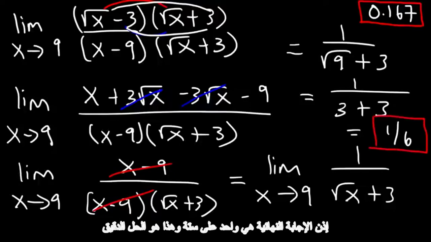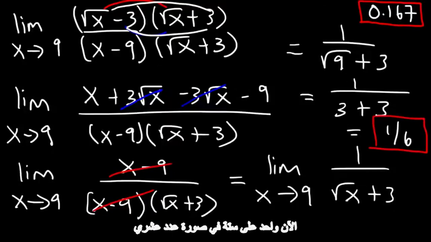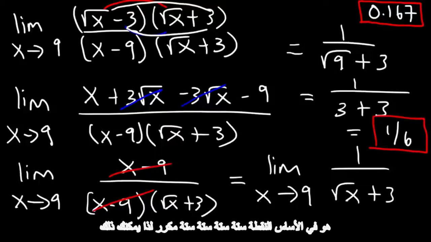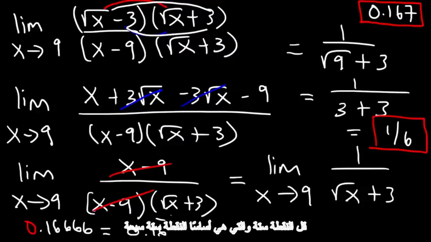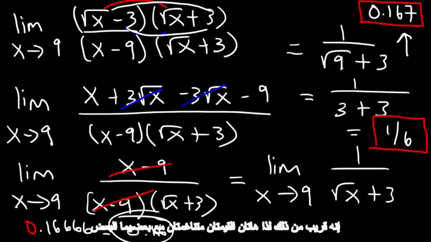That's the exact answer. Now, 1 over 6 as a decimal is basically 0.16666 repeated. So you can say 0.167. It's close to that. So these two values are in harmony with each other.